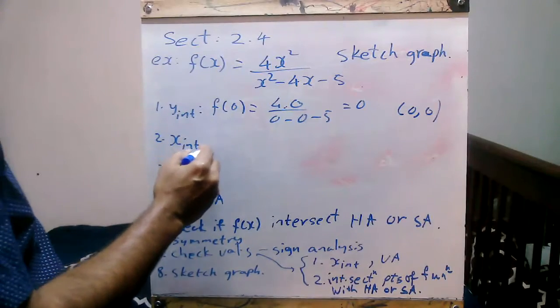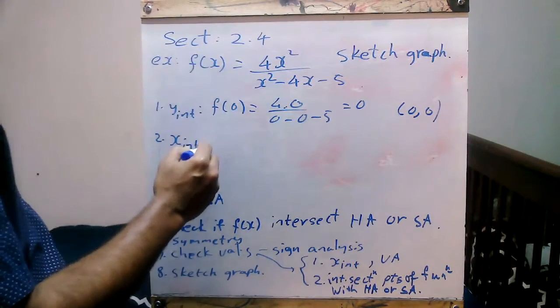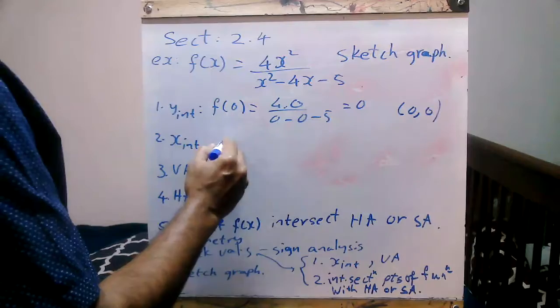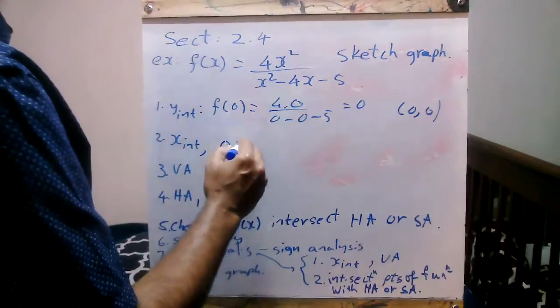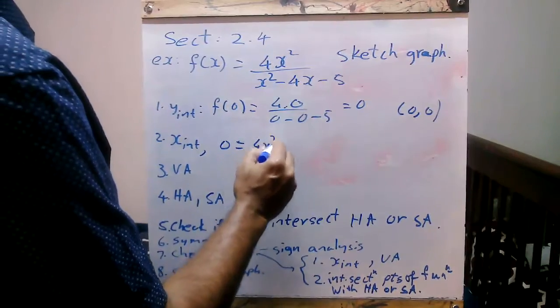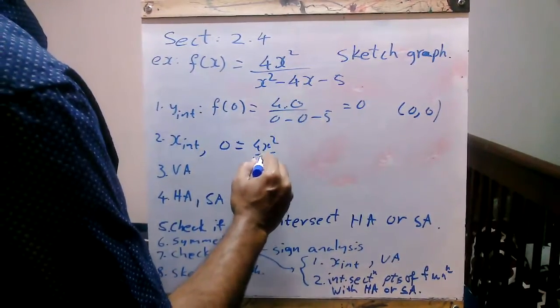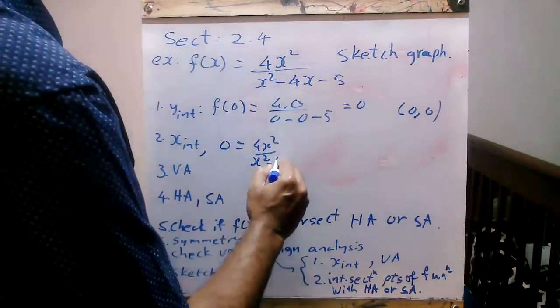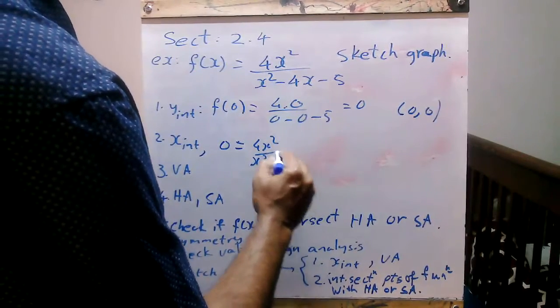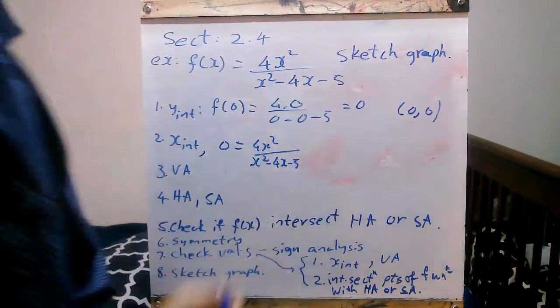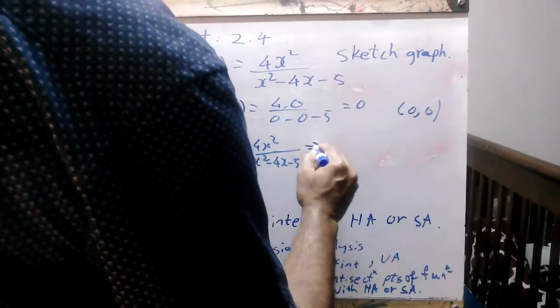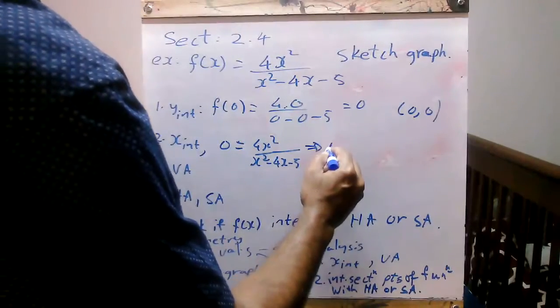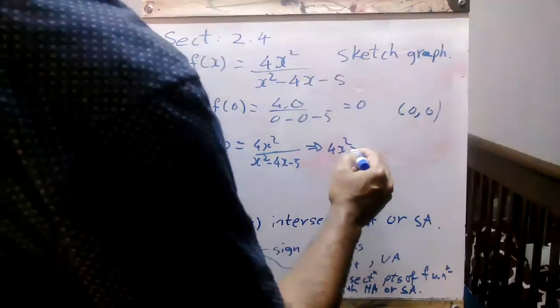X-intercept, for the x-intercept you set f(x) to 0. When you do that, see, f(x) is 0, equal to 4x squared divided by x squared minus 4x minus 5. Then for this to be 0, the numerator should be 0. For this to be true, 4x squared equals 0.